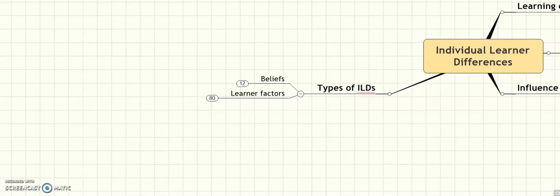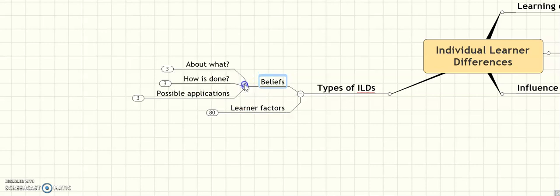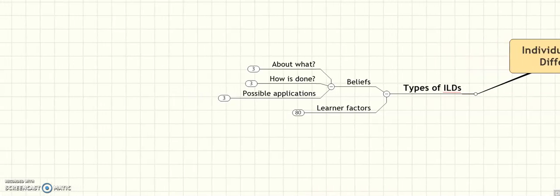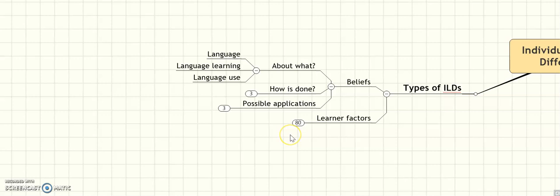One is beliefs and the other is learner factors. Let us start with beliefs. When we talk about beliefs, beliefs about what? All right, first is belief about language.